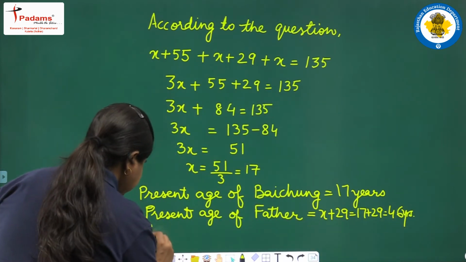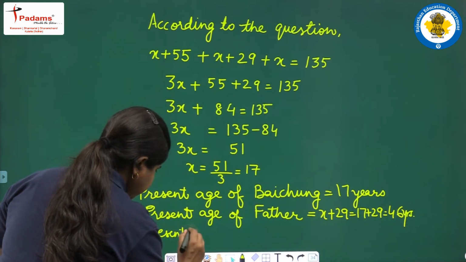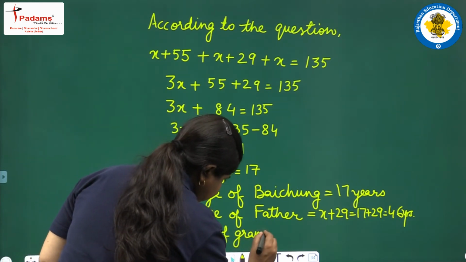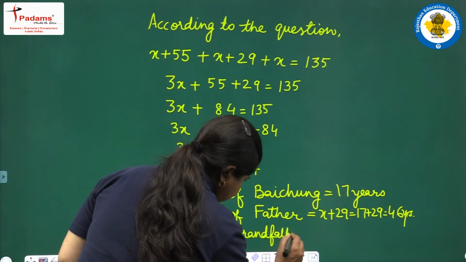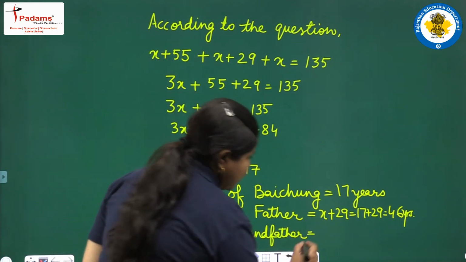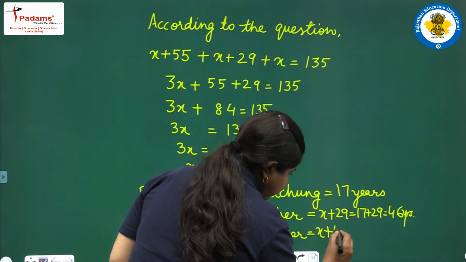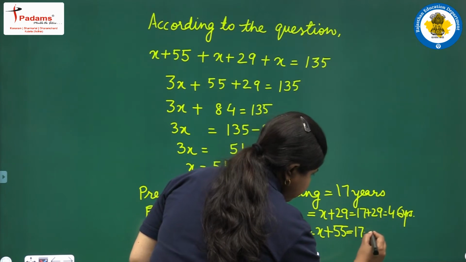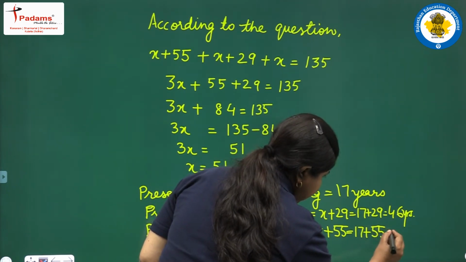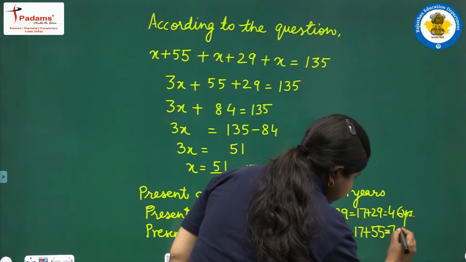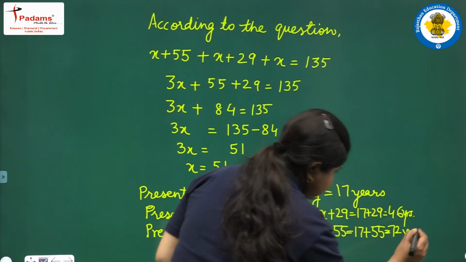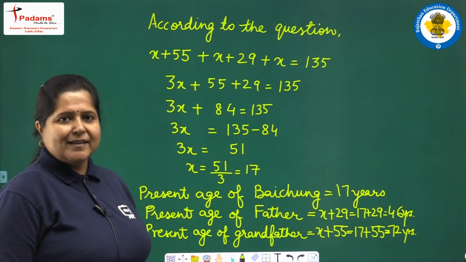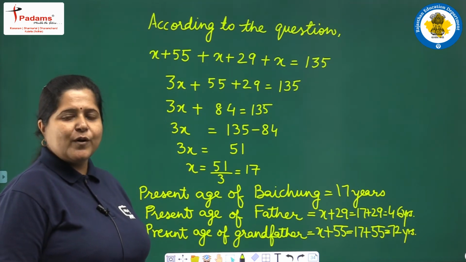And the present age of grandfather will be equal to x plus 55, this is equal to 17 plus 55, add the two, you will get 72 years. So these are the present ages of all the three people. I hope it is clear to you. We move on to the next question.